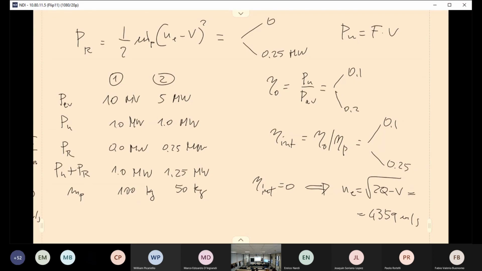And we have propulsive efficiency, which is 43.6%. So we still have inefficiencies, but it's better, also in the exploitation of what we have on board.